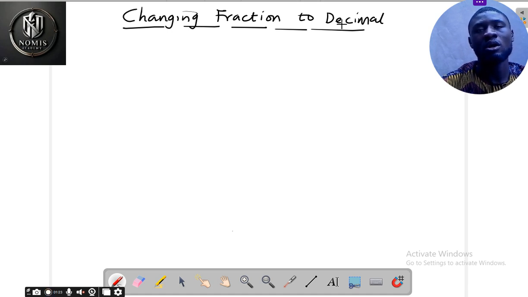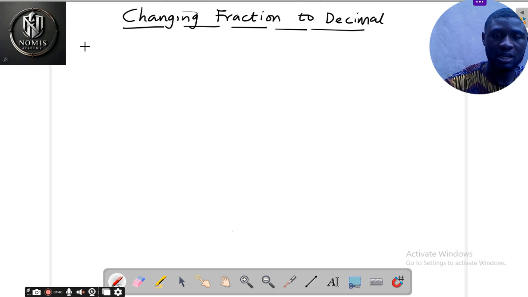And the last one, the mixed fraction, is a fraction that has a whole number standing with a proper fraction. So these are the three types of fractions. So we will see how each of these fractions can be converted to decimal number.